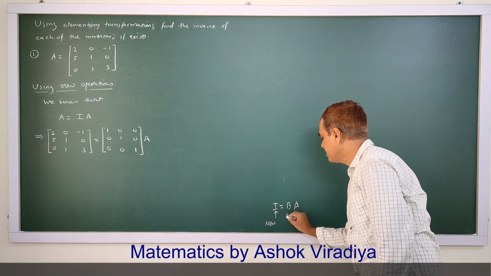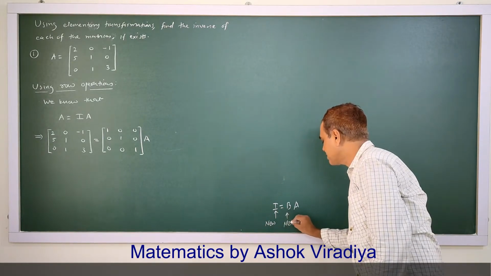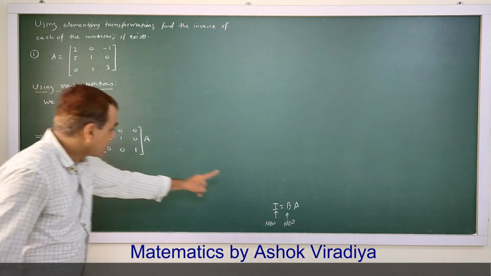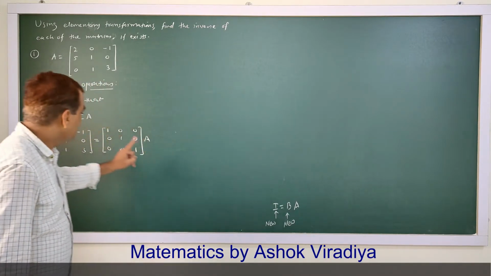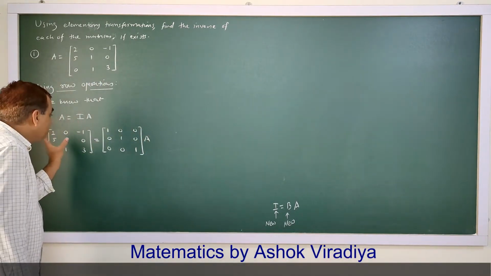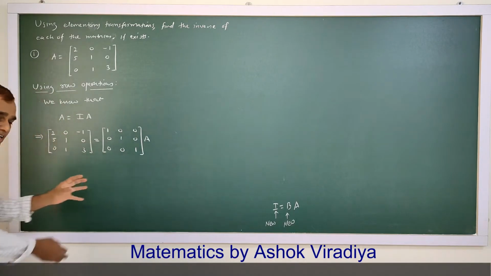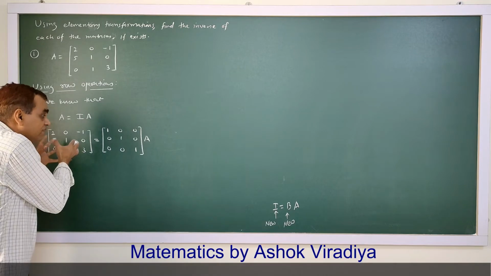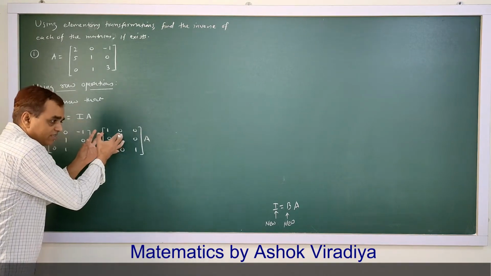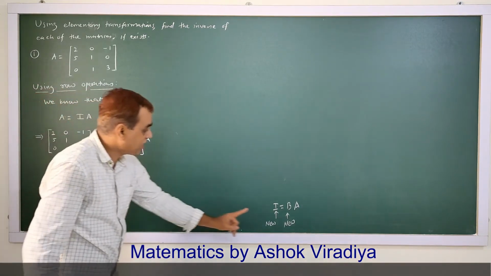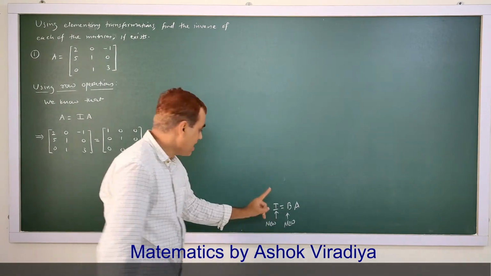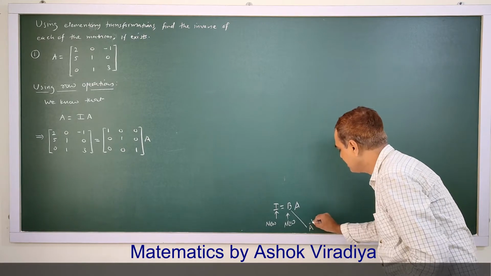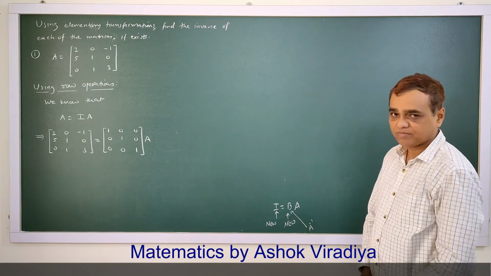New left hand side, this will be the matrix on the right hand side. So this A we are going to convert into I, and to convert A into I, whatever we do in this matrix, same procedure we will perform in this matrix. So this will also be changed into a new matrix, and this will be our A inverse. This matrix will be the inverse of the matrix.